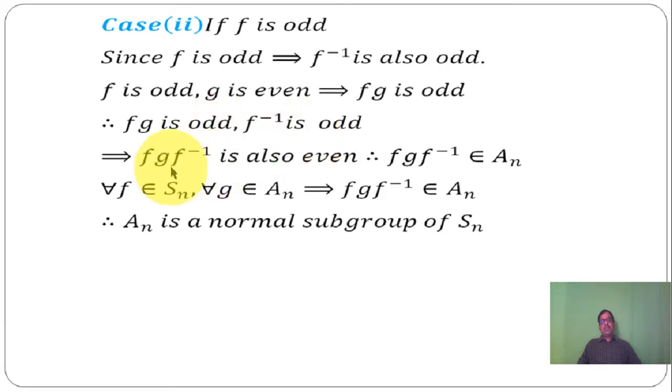Therefore FG F inverse belongs to AN. So for every F belongs to Sn and every G belongs to AN, FG F inverse belongs to AN. Therefore AN is a normal subgroup of Sn.